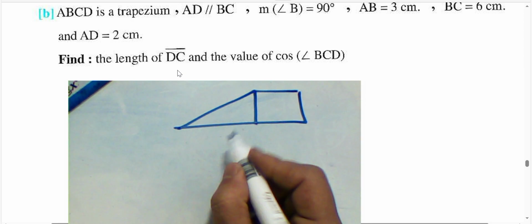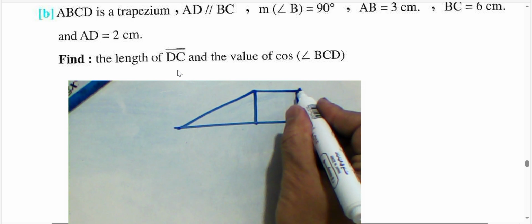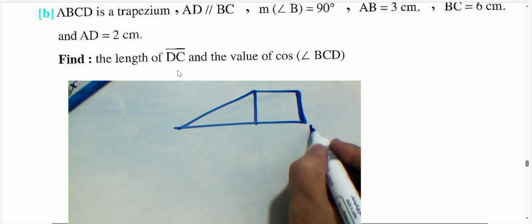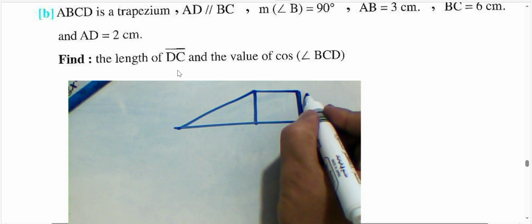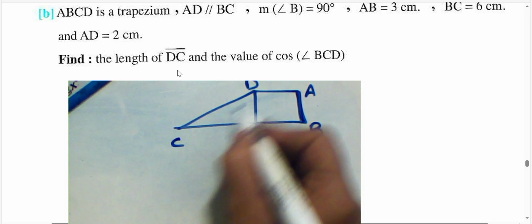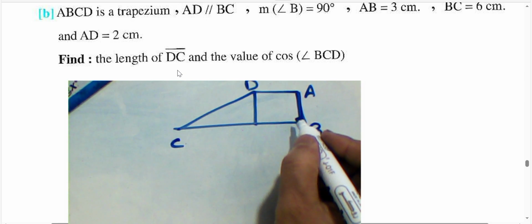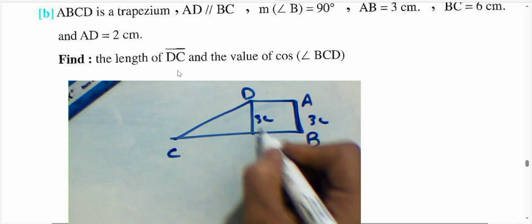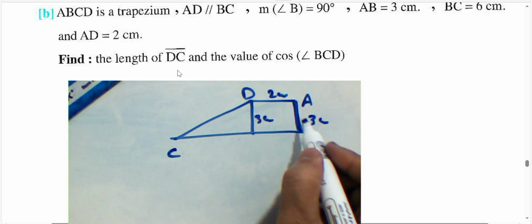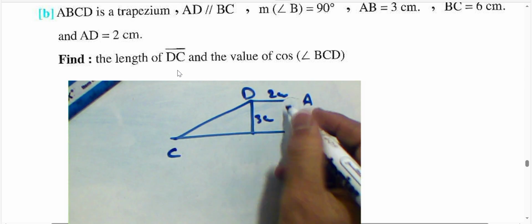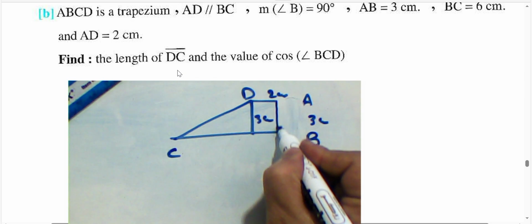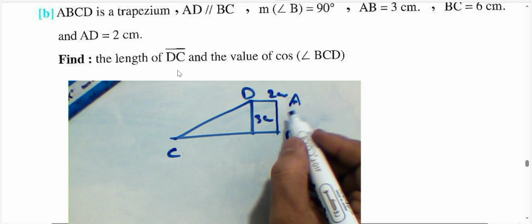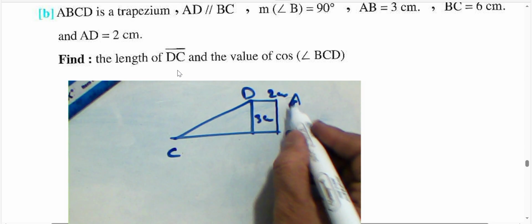To understand, I will draw another figure. Like this, we have angle B, and we have AD parallel to BC. We want to find the length of DC. This line segment AB equals 3 centimeters, this side segment 3 centimeters also, and AD was 2 centimeters.